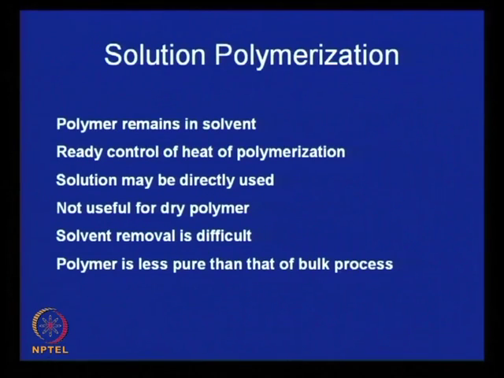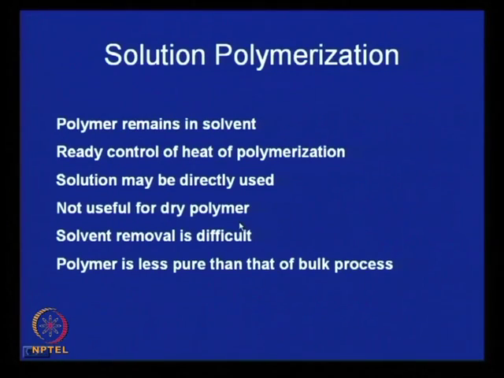So, it is written here, this technique is not useful for making dry polymer granules or fibers or flakes, though sometimes it can be used for fiber manufacture directly. In that case, it is advantageous.